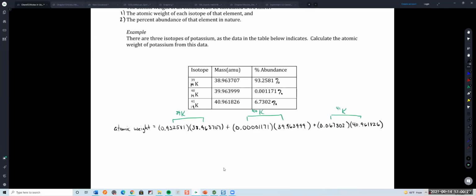So let's do that. So I've got 0.932581. And I want you to be doing this with me. Don't just wait, because you don't want to make these mistakes if this question's on the exam. 38.963707. Good. And so we count the number of significant digits.